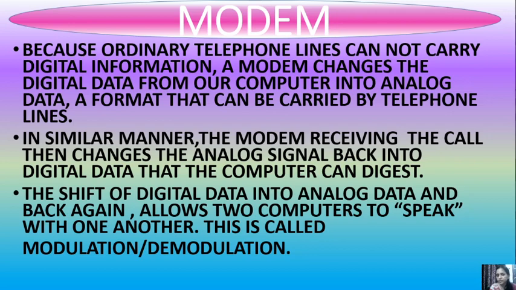by telephone lines. Second point: in a similar manner, the modem receiving the call then changes the analog signal back into digital data. The receiver's modem will change the analog signal back into digital data, so that we can see the messages, images, whatever data in our system.